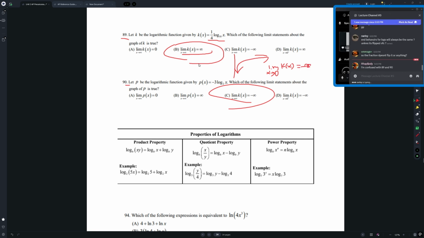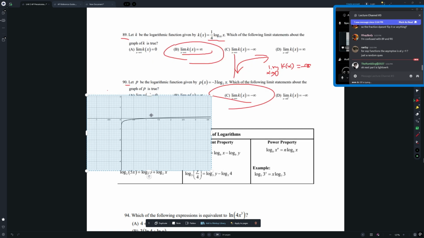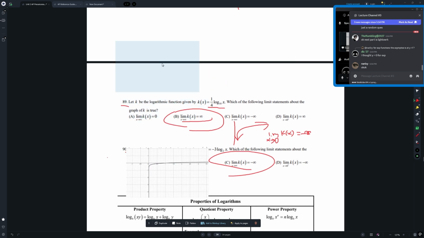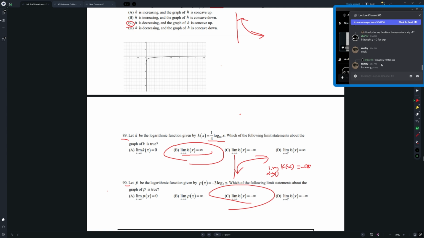I'm confused with 89 and 90. So let me pull up Desmos. For exponential functions, the asymptote is at 0. For 89, as you can see, it goes towards infinity, and on the 0 axis, it's going towards negative infinity.